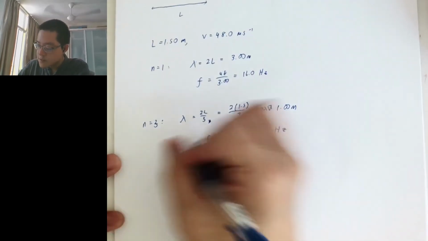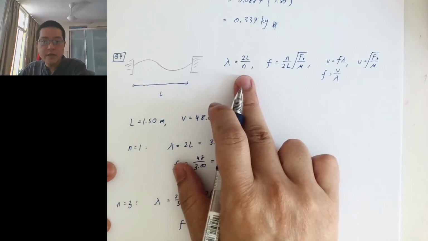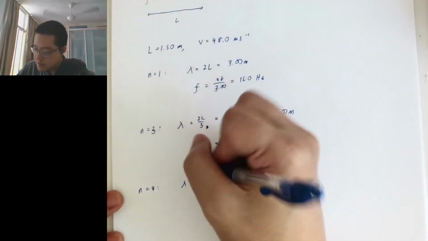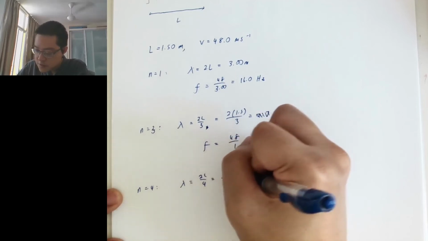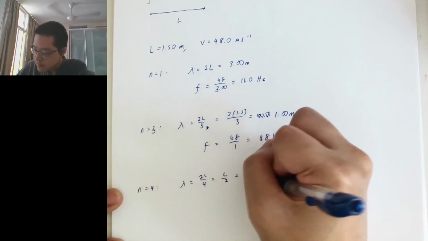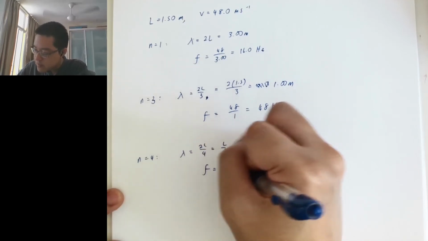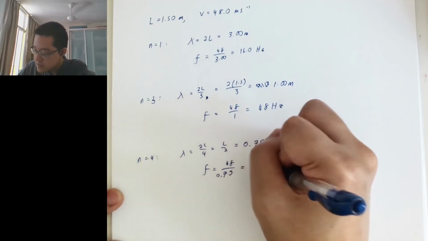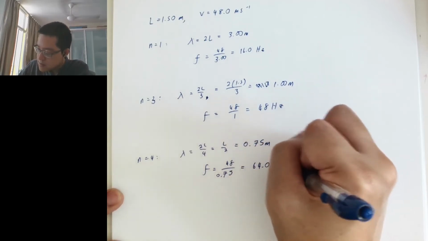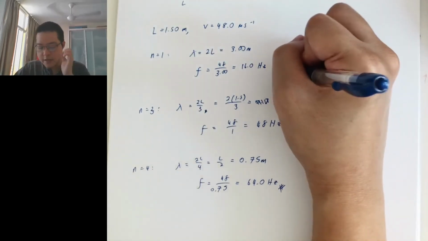How about n equals 4? I just put in 4 here, so it's 2L over 4, which is L over 2. So it's 0.75 meters. And the frequency is 48 over 0.75, which is 64 hertz. So these are the answers that you can get pretty straightforwardly.